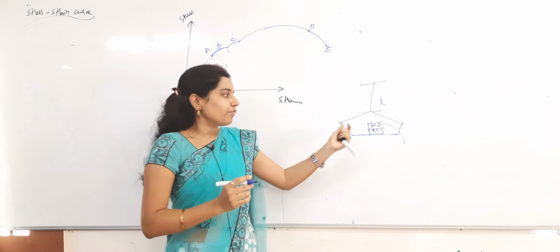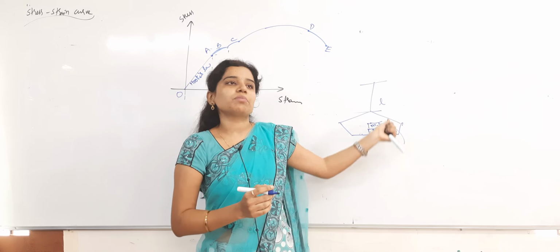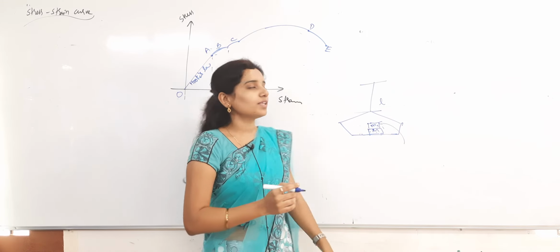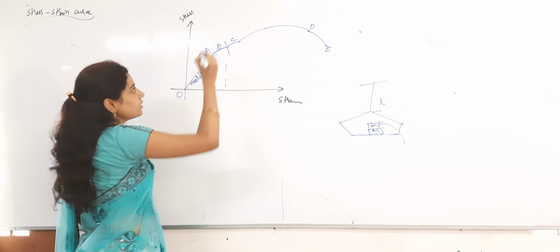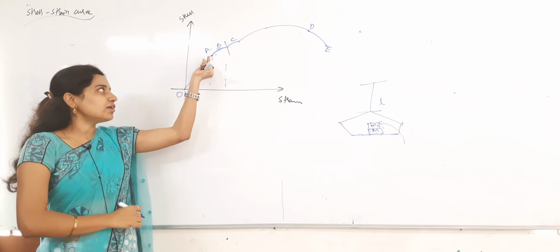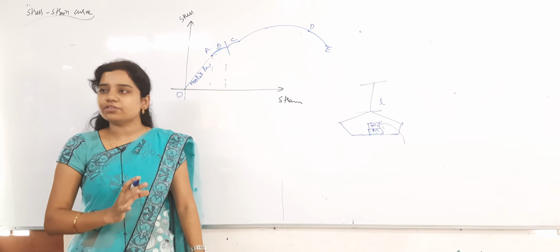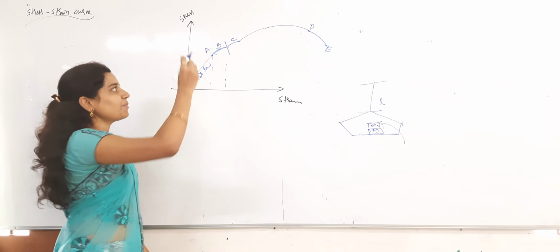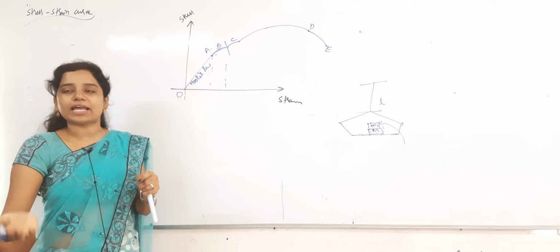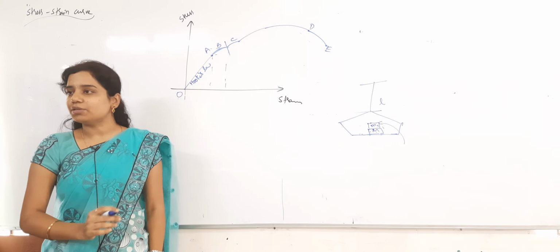At that time, whenever I remove these two masses, the wire goes back to the original position. So up to B, which nature does it have? Elastic nature. At each and every point we are adding one mass, so just remember that. At A, I add one mass, stress is directly proportional to strain, so we call it the proportionality limit.